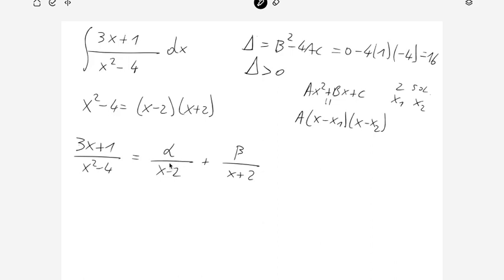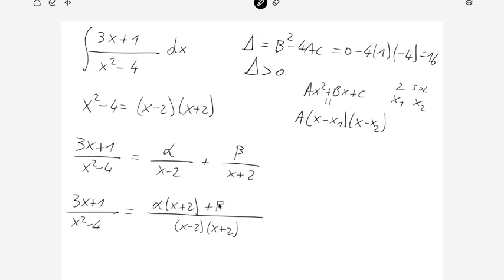Now, in order to find alpha and beta such that this equality holds true, we need to put these quantities in a unique ratio. So we do this: we have alpha times x plus 2 plus beta times x minus 2.